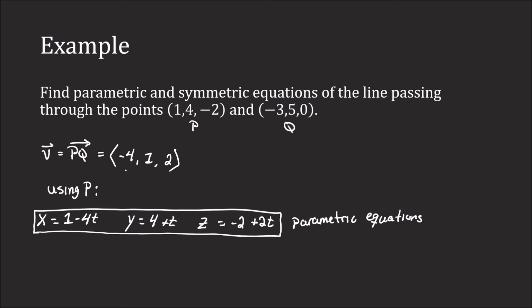Now, notice our vector does not have a single zero in it, so we can also find the symmetric equation, which would be x minus 1 over negative 4 is equal to y minus 4 over 1 is equal to z plus 2 over 2.